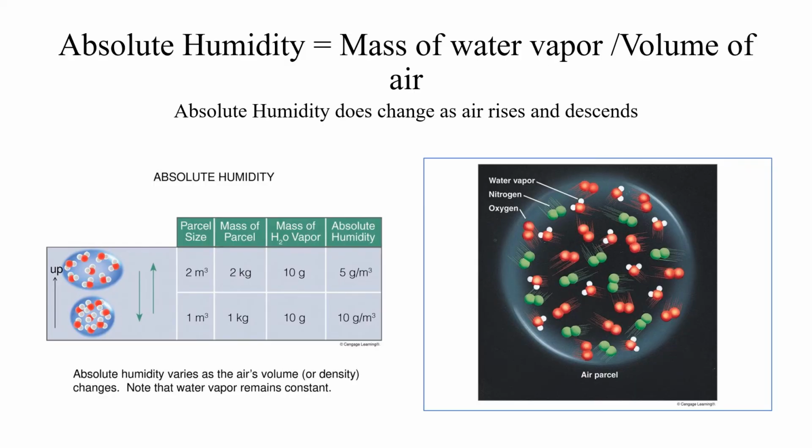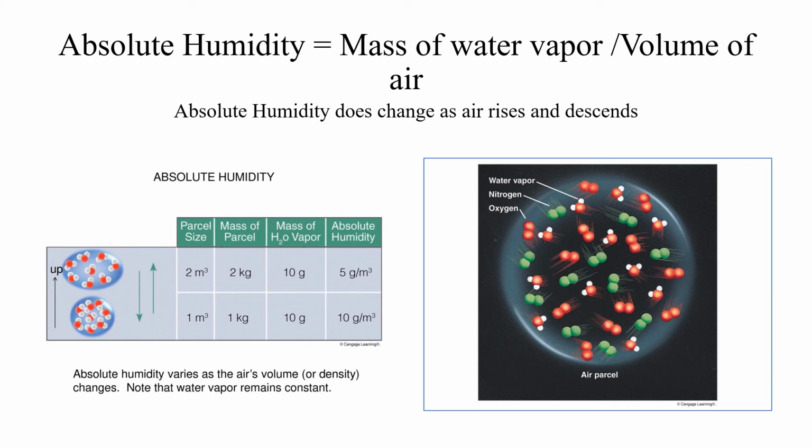Again, let's see the absolute humidity. I told you before that it is mass of the water vapor divided by volume of air. So absolute humidity depends on mass of water vapor by volume. There is one sentence I wrote here: absolute humidity does change as air rises and descends.